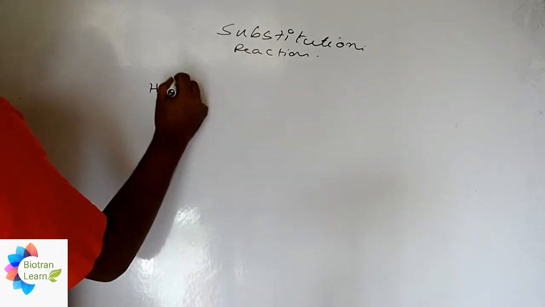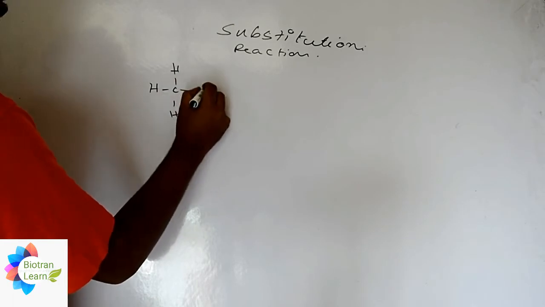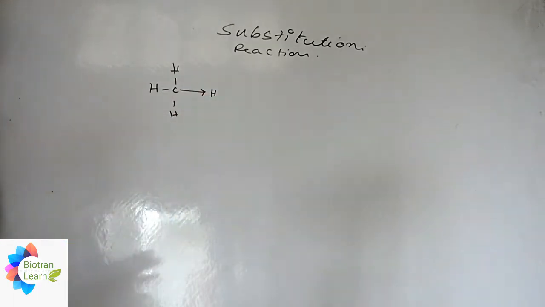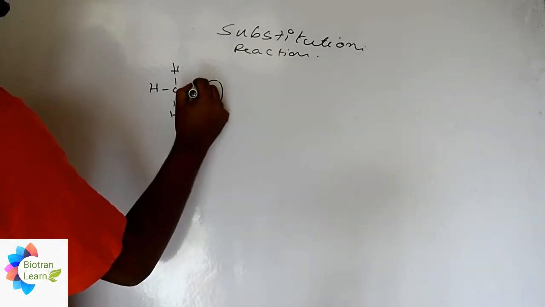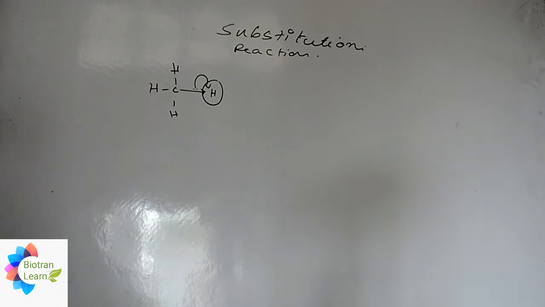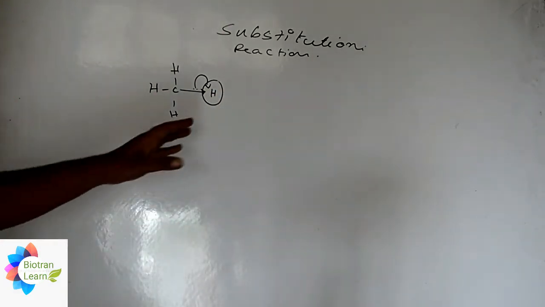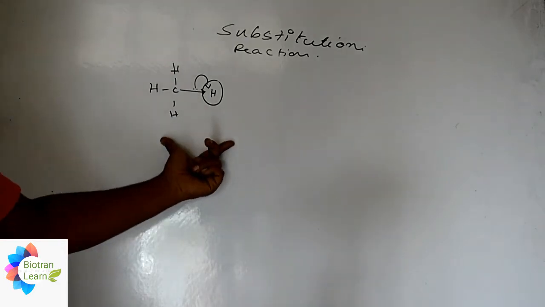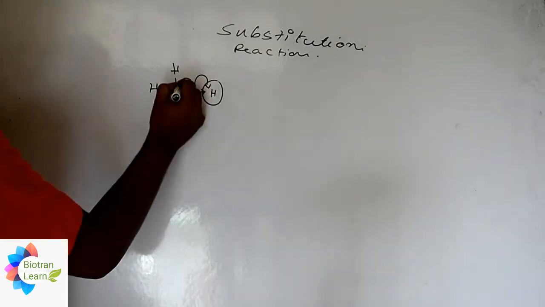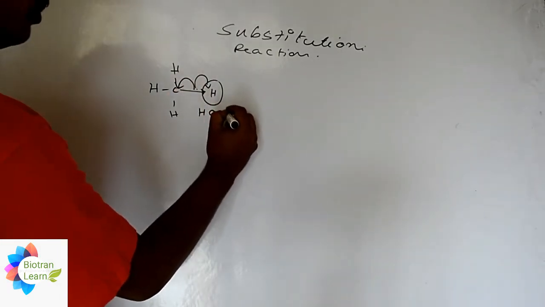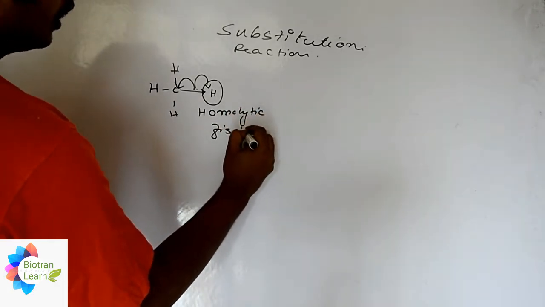First, due to the inductive effect and higher electronegativity, the electrons in this case are pulled out in this particular section. But particularly in this substitution reaction, what can we see? There will be a homolytic fission. What would happen?